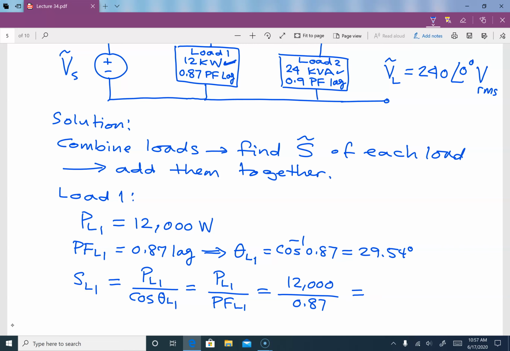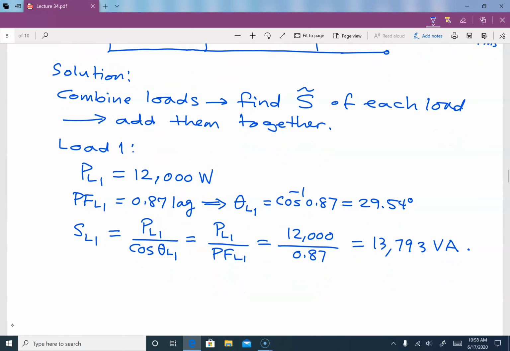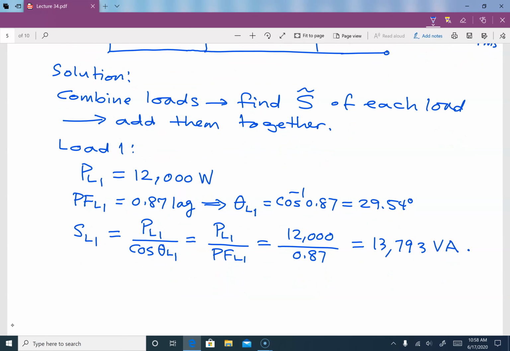And that is equal to 13,793 volt ampere. So this is our apparent power.